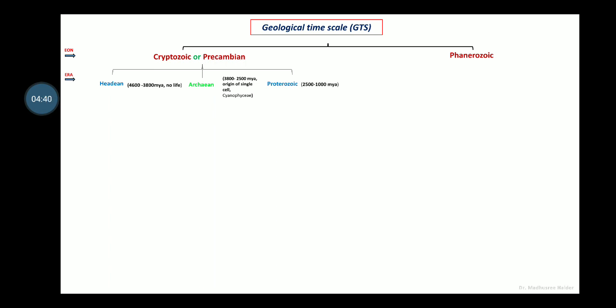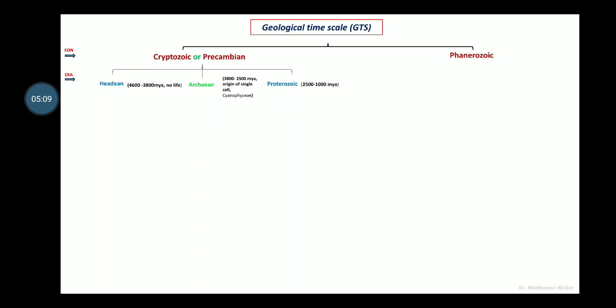Hadean era is almost 3800 million years to 4600 million years ago, and there was no life on the earth. In the next era, that is Archean era, almost 2500 million years to 3800 million years ago, some single cells originated.